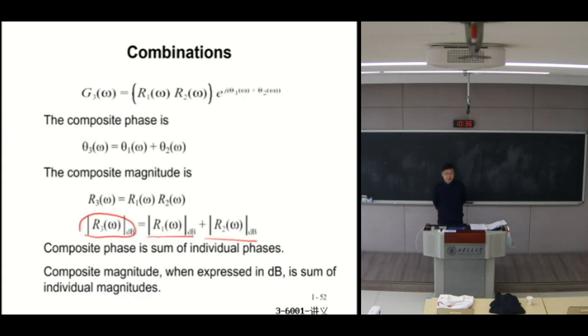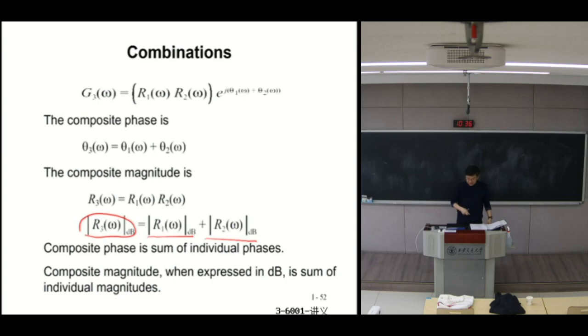So in a Bode plot, if you have G1's magnitude Bode plot and G2's magnitude Bode plot, you just add them together, and that gives you the magnitude Bode plot of G3. Because a product in the linear scale becomes a sum after taking the logarithm.